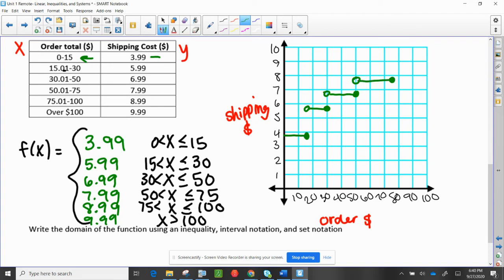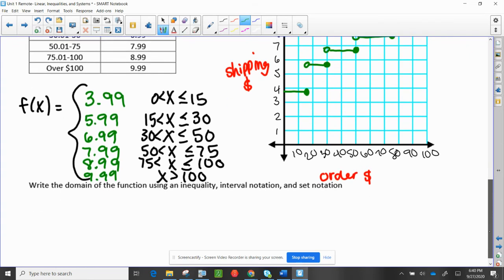So there's that step. $8.99 between 75 and 100. So almost close to 9, to 100. And then anything over $100 is going to be $9.99, so almost $10. So anything over 100, so 100 and to the right forever. Okay, so that's how we would graph that step function.